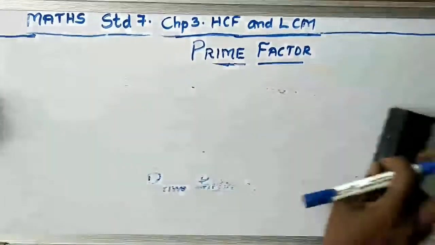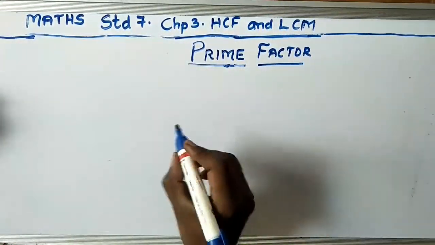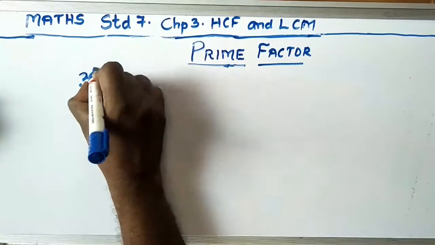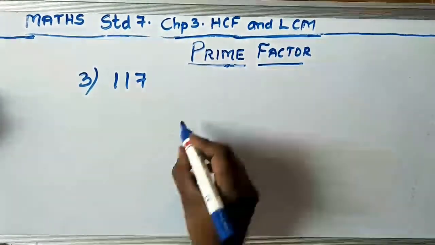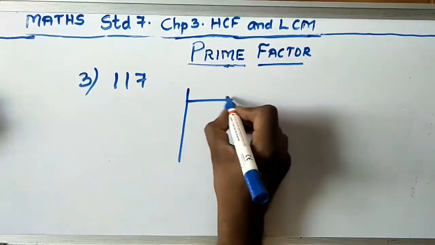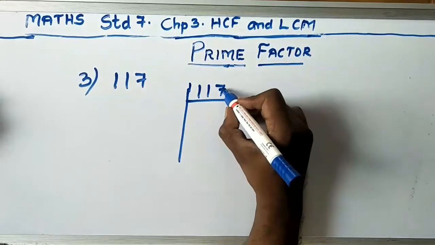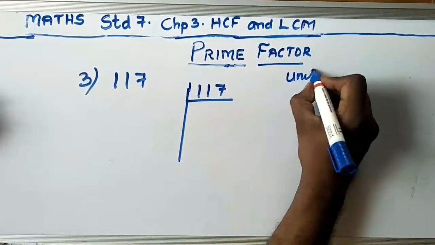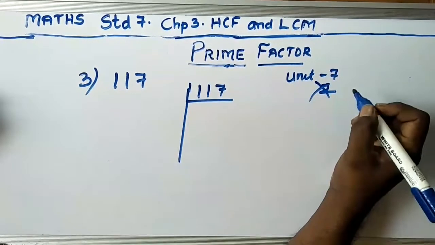Let's do the other side. 117. Now 7, the unit place has 7, which is not divisible by 2.